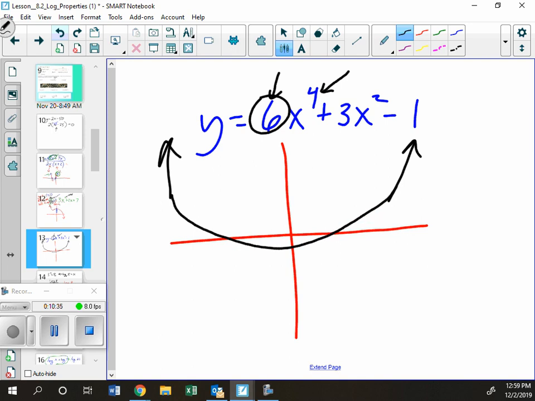Now, I know it's not likely to be the right graph. Could it have some turns in it? How many turns could it have? Don't say 4. 3. It could have 3 turns in it. Does it have to have 3 turns? Nope, but it could. No, wait, that's 1, 2 turns, 3 turns. See how I needed the 3rd turn to get going the right direction again? So it could have 3 turns. Okay.